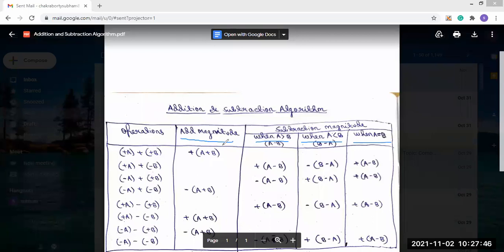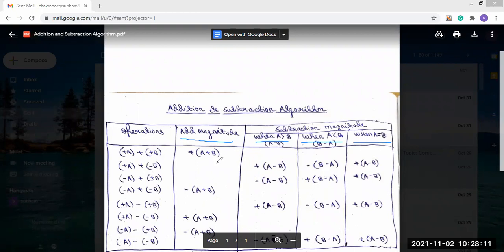So that's why for add magnitude only one column is there, but for subtraction magnitude we have three conditions: when the first variable is greater than the second variable, when the first is less than the second, and when both the variables are equal. Like this, we prepare the table.